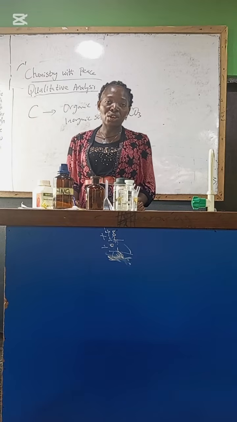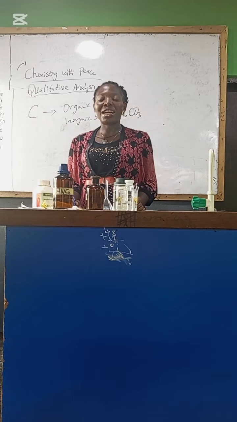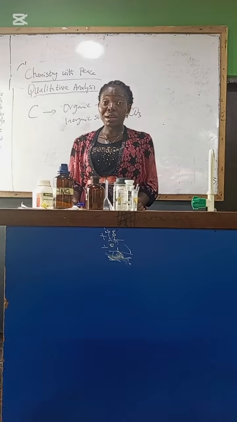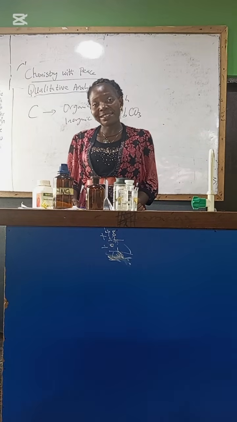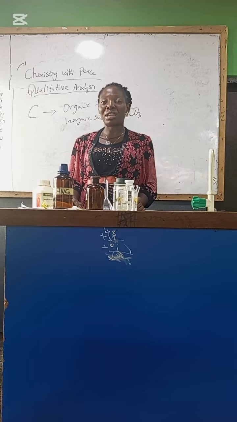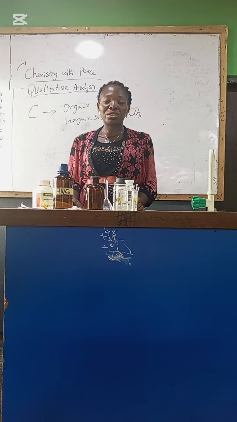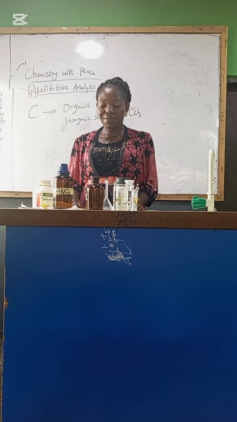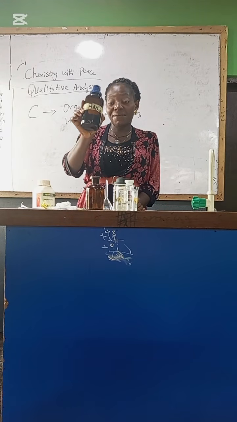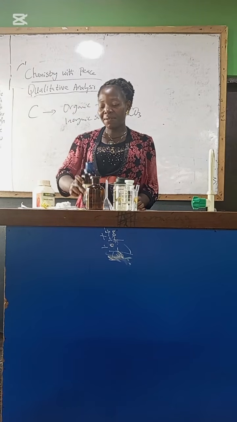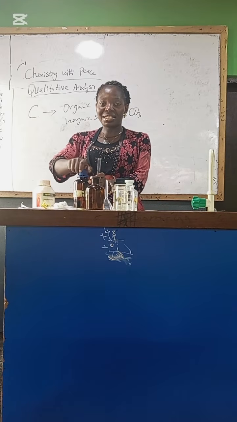So we cannot dissolve them in water. If you use water, then we won't be able to separate them. Instead, we are going to use dilute trioxonitrate(V) acid. This is dilute trioxonitrate(V) acid. We are going to use it instead.